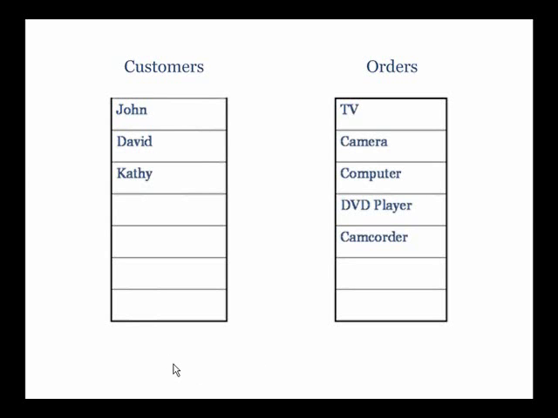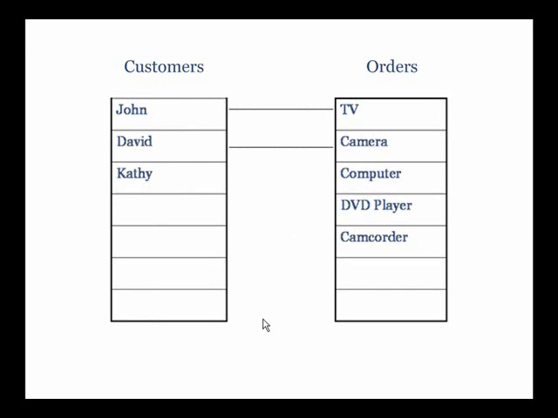So when John comes in and buys a television, we add John to the customers table, and we add television to the orders table, and we relate both using a relationship. So John buys TV, and when David comes in and buys a camera, we add David to the customers table and camera to the orders table, and we join them together.